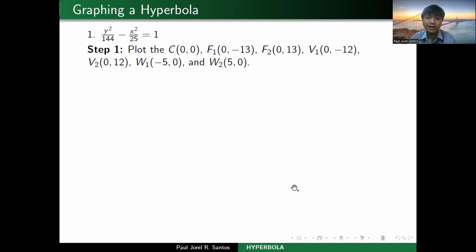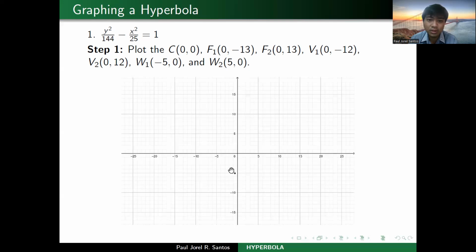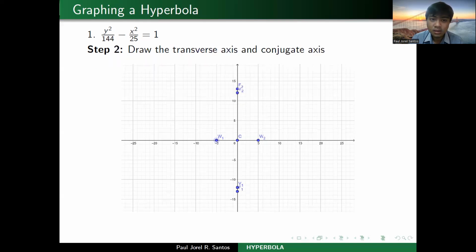Okay? Now we have to plot the points that we have earlier, and the points C, F sub 1, F sub 2, V sub 1, V sub 2, W sub 1, and W sub 2 are located here. Okay? Now, it's for you to graph, no? Second one is to draw the transverse axis and conjugate axis.